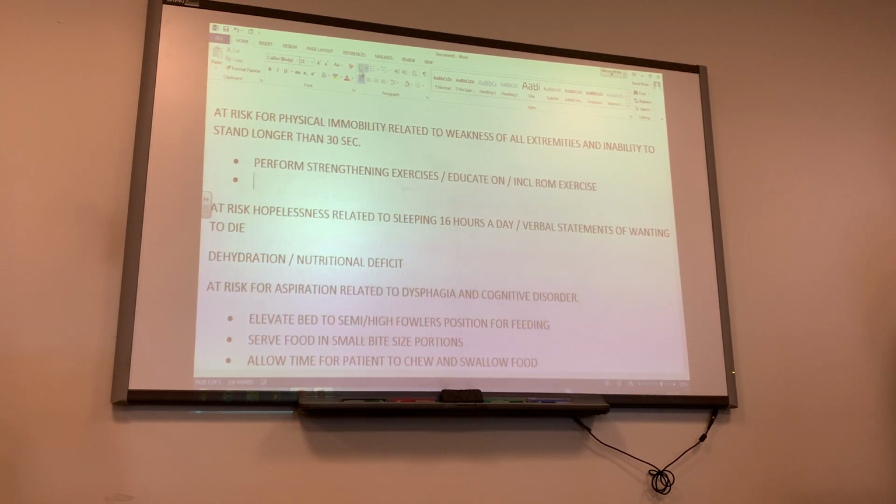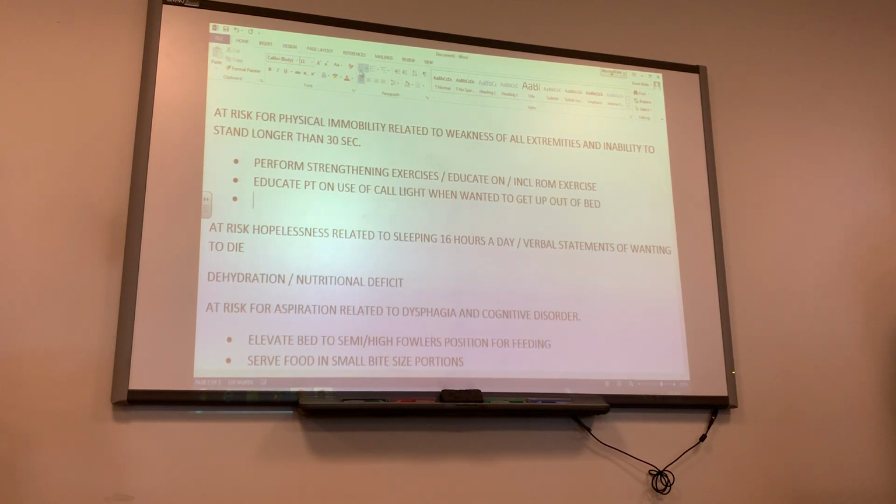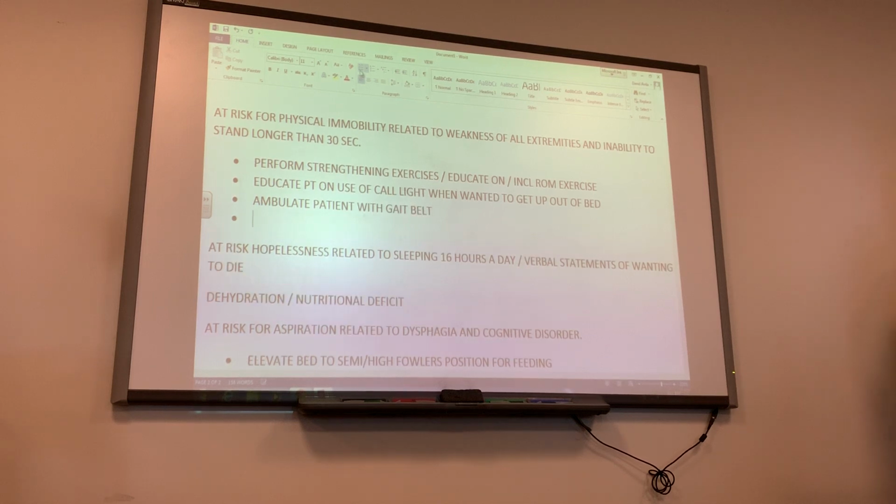Somebody else said something. Okay. How about educate patient on use of call light when wanting to get up? Okay. Now what else can we do? Assisted devices. Ambulate patient with gait belt. It's the use of the gait belt. What else?